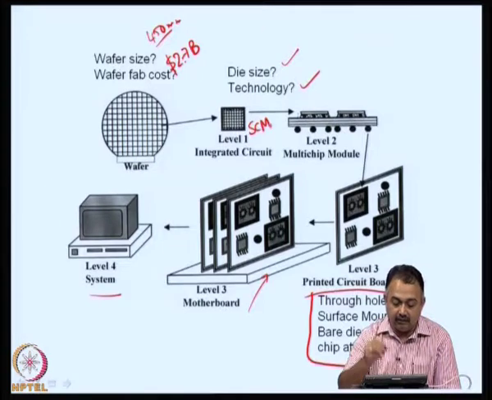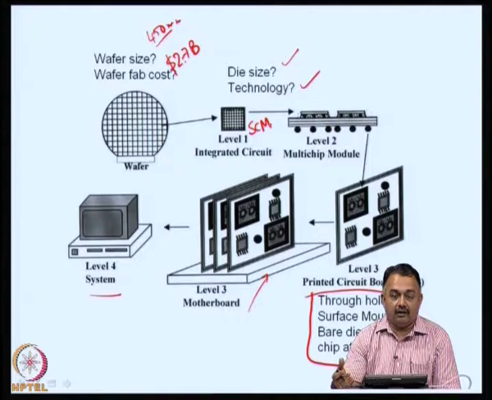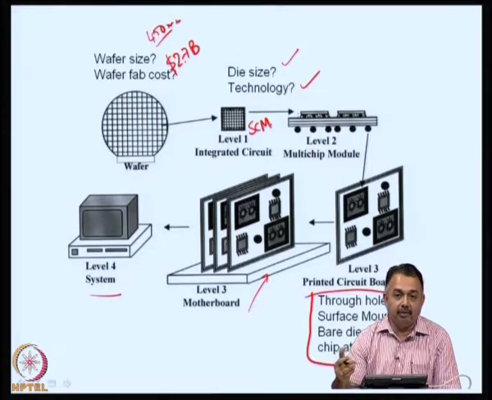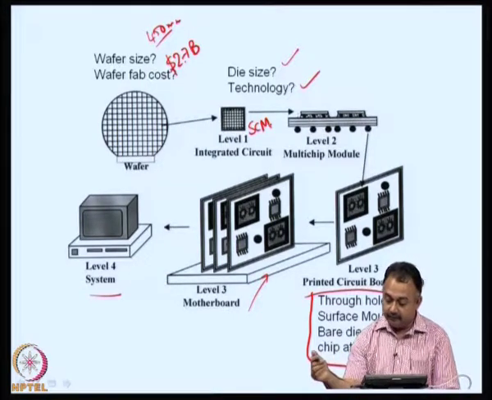This is a single chip module, whether you are going to use a solder ball interconnect technology or you are going to use simple pins, okay, as input output leads.